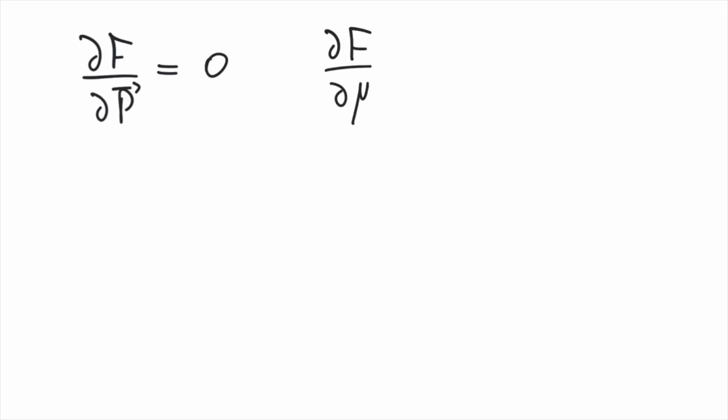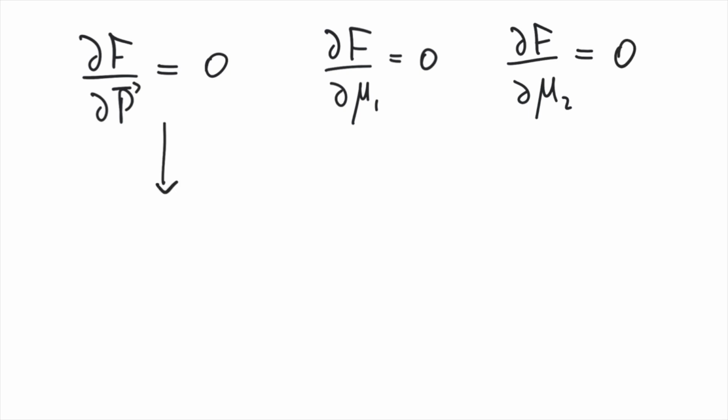According to the Lagrange multiplier method, to minimize our function, we need to solve the following equations. First, the derivatives of the function with respect to the coordinates of the point should be 0, and also the derivative of the function with respect to the Lagrange multipliers, so the derivative of f with respect to mu1 and the derivative of f with respect to mu2. More explicitly, these will give you something like this.